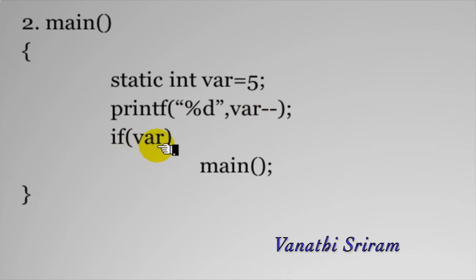So if of 2, the condition is true and main will be called recursively again, and var will display 2 and be decremented to 1. So if of 1, which is true again, main will be called, and the value of var is 1, which will be displayed and decremented to 0, thus ending up with the false condition.